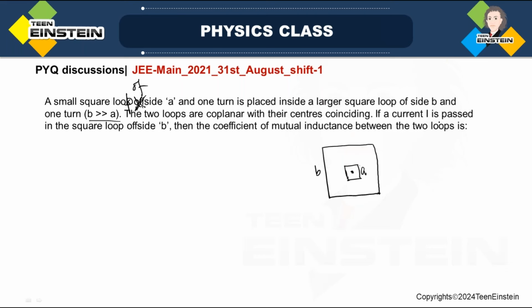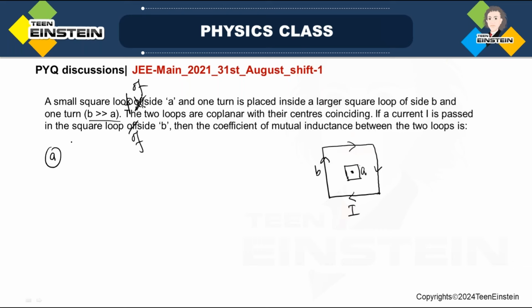Now suppose current I is passing through the square loop of side b. Then the coefficient of mutual inductance between the two loops will be, see there are options given over here.